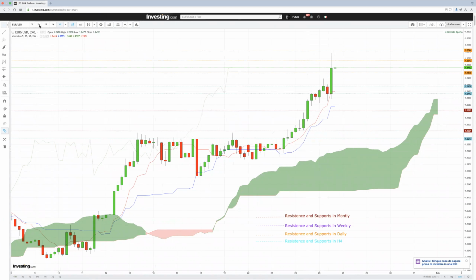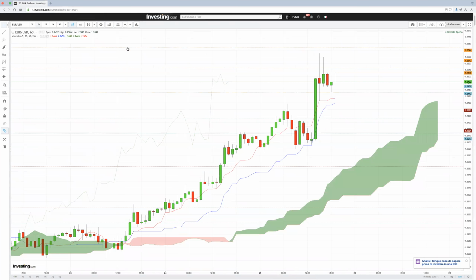If you go in 1 hour time frame, we can see that we have a bearish, bullish candlestick, and after when almost far, try to come back. Now it try to come back to 1.2406.